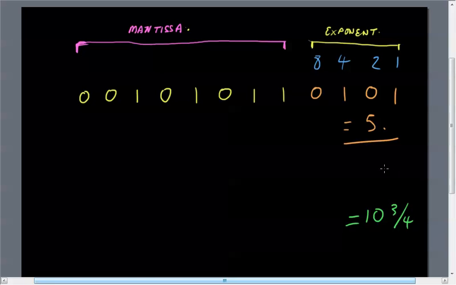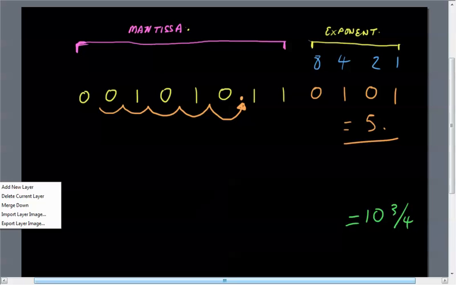Now the mantissa is basically the number that we have. The exponent tells us where to put the binary point. If we're saying positive 5 here, we start here and we go 1, 2, 3, 4, 5, and we put a decimal there.